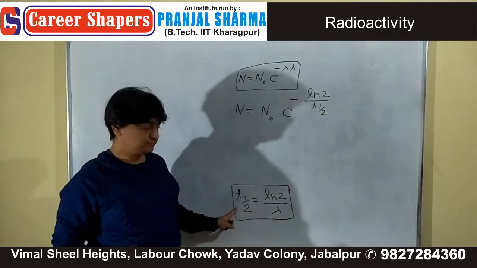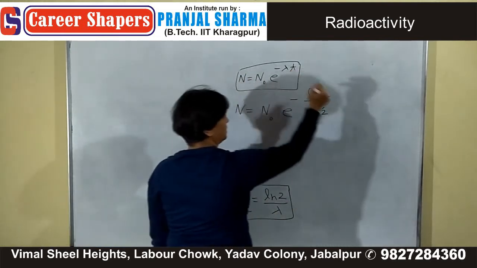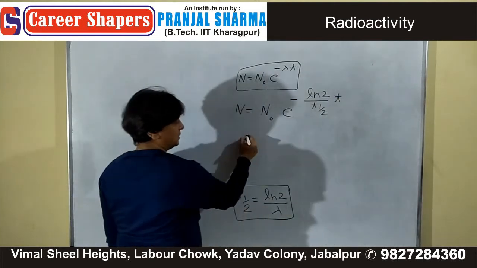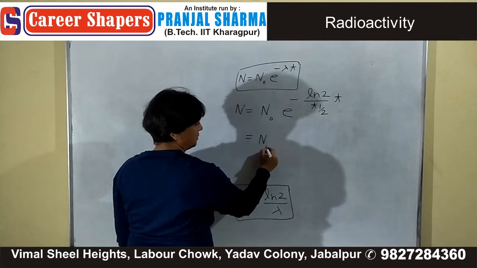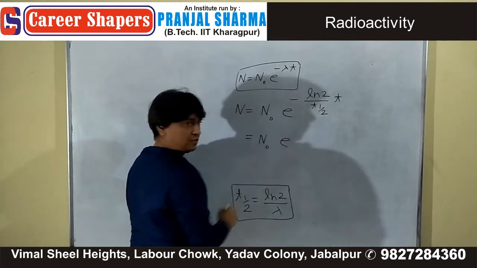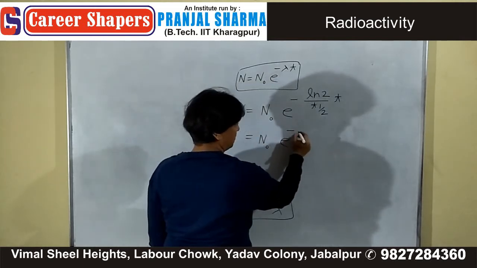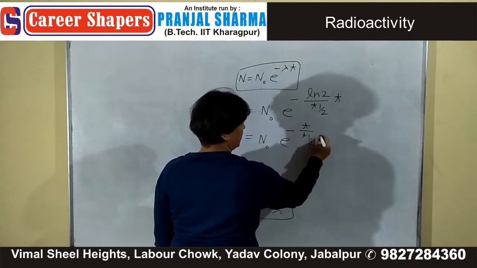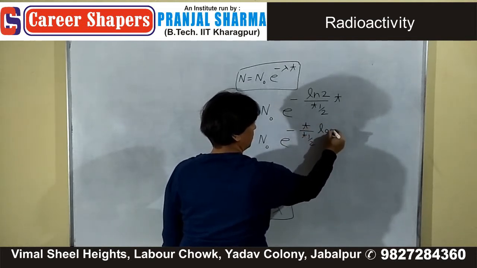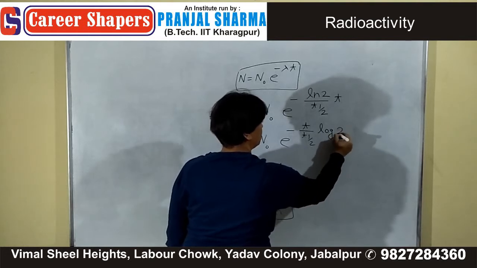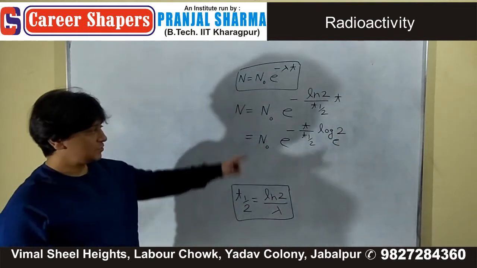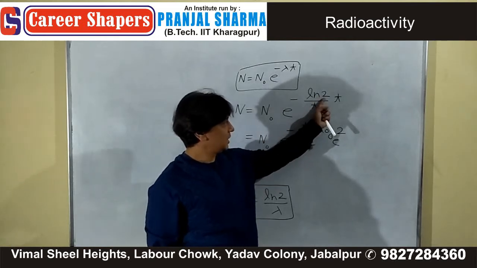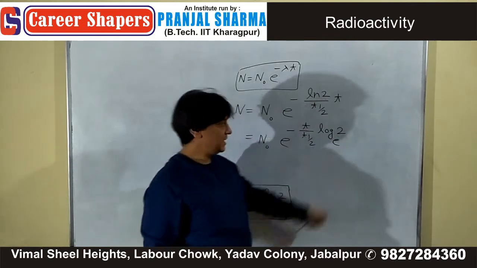That's your lambda multiplied by T. This is N naught e to the power minus of T divided by T half into log base e 2. You can write it like this, T divided by T half, and then ln 2, this is log 2 base e.